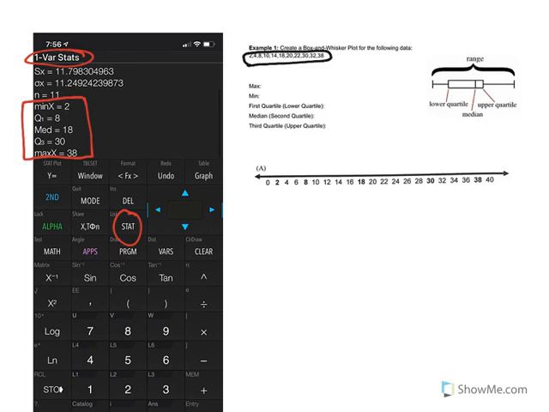It tells you your min is 2, your max is 38, your first quartile is 8, your median is 18, and your third quartile is 30, which is the exact same thing that we got by hand. And then you take those 5 numbers and create your box and whisker plot the same way that I did when I created it by hand.